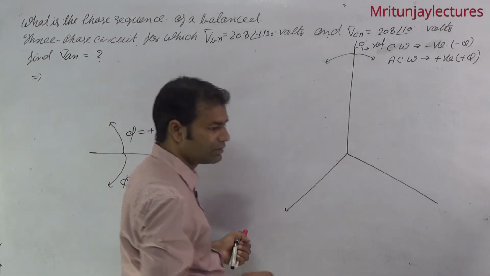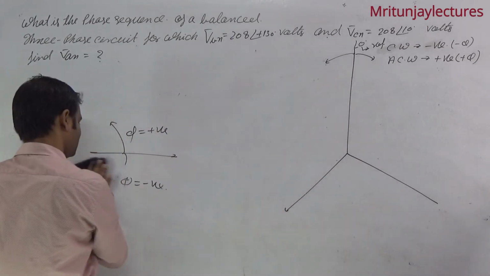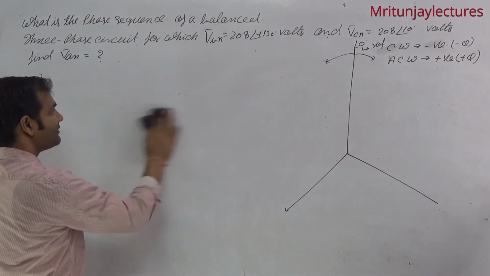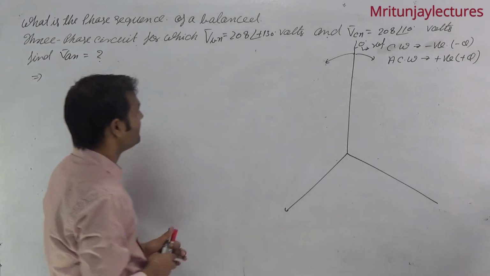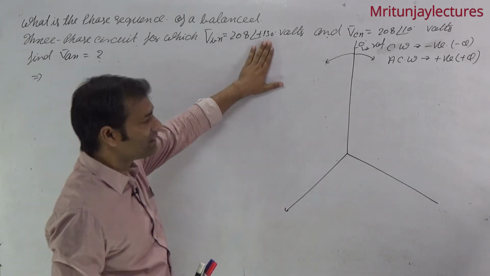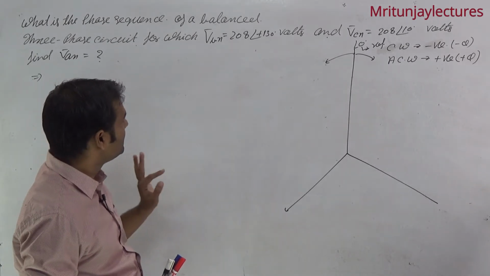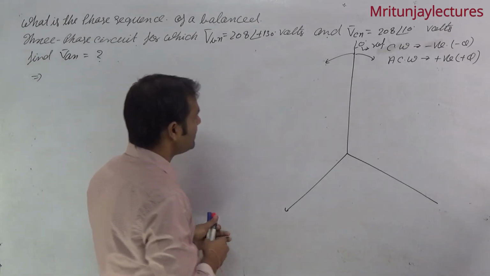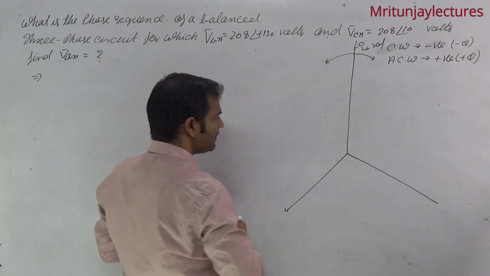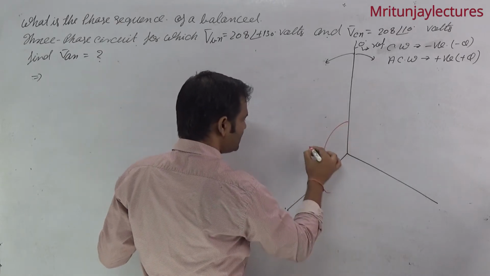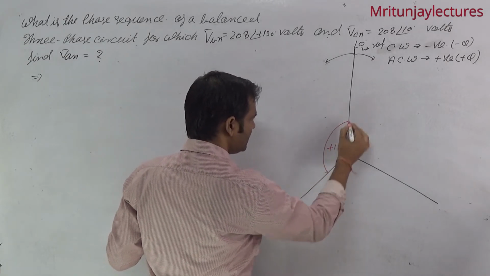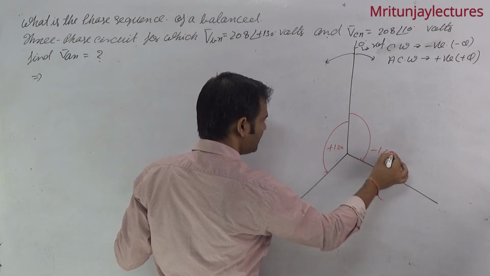Now, what about VBN? VBN is 208 at the angle plus 130. This one is plus 120, and this one is minus 120. Clear?